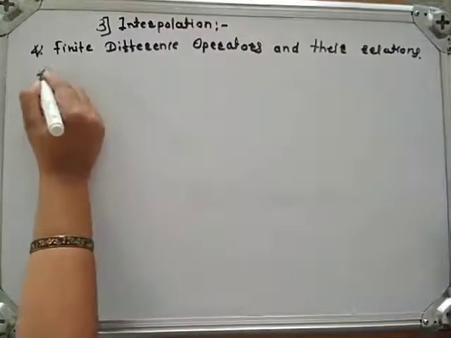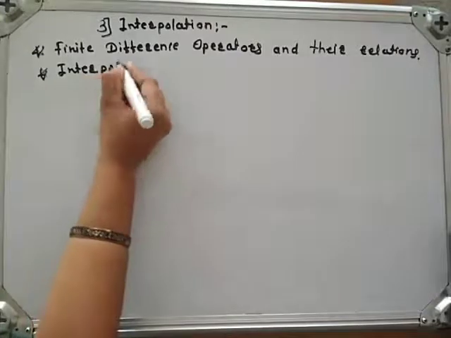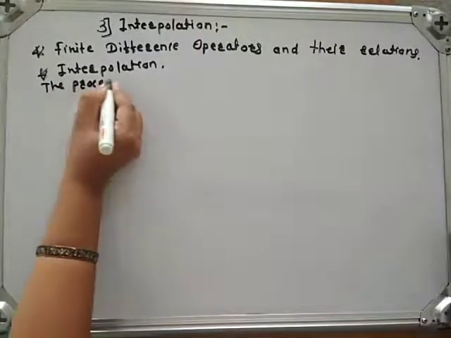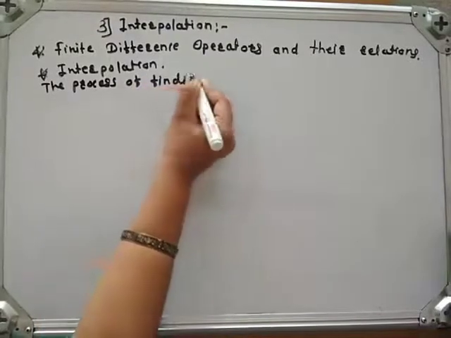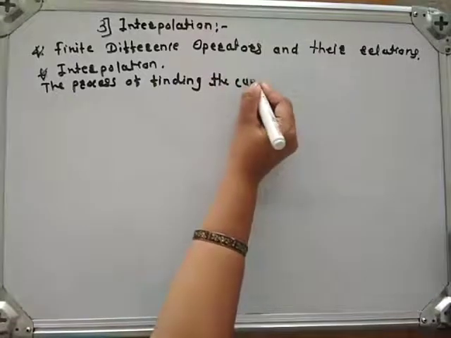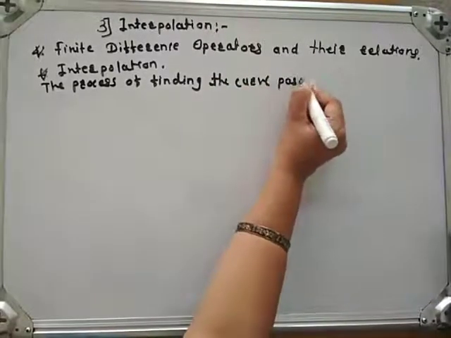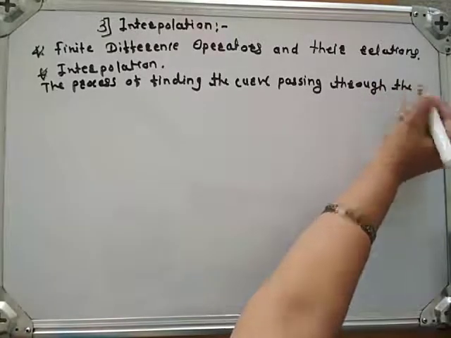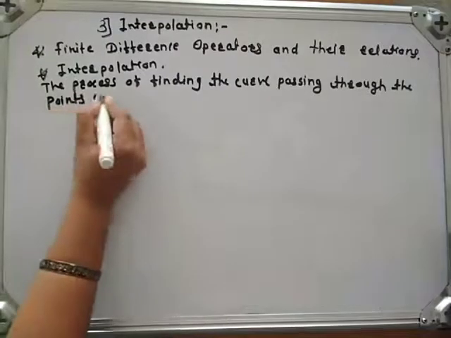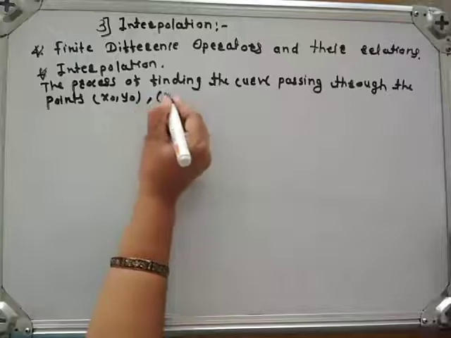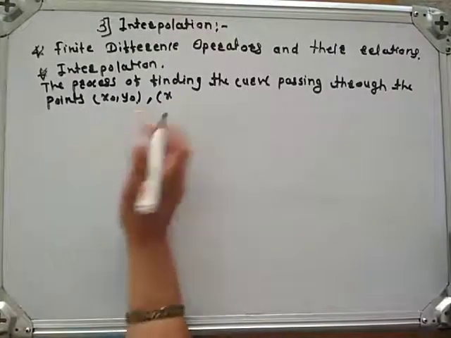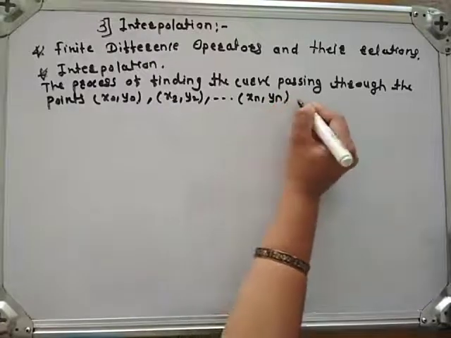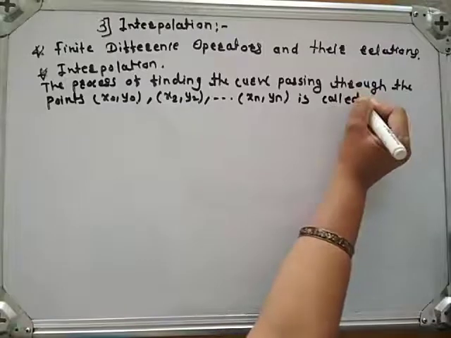First we will see what is interpolation. The process of finding the curve passing through the points x0 y0, that means ordered pair x0 y0, comma ordered pair x1 y1, comma and so on up to xn yn is called interpolation.